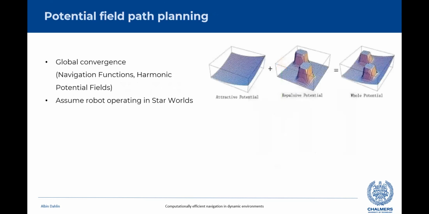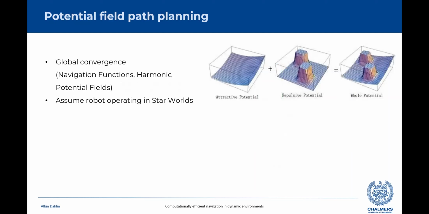Alternative strategies for collision avoidance are based on potential fields. This is quite a mature strategy, where we basically have an attractor point, which is illustrated as a valley here, and all obstacles are illustrated as hills.